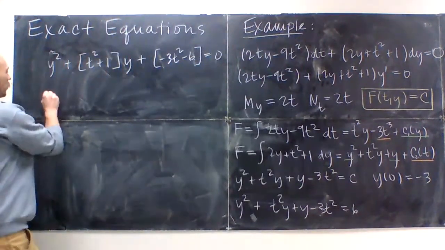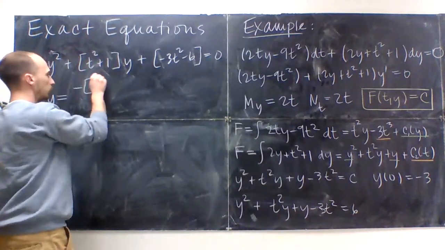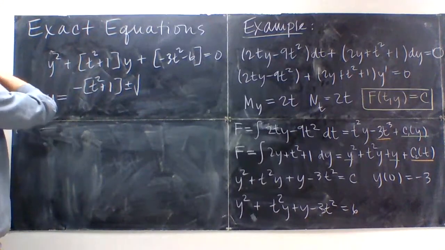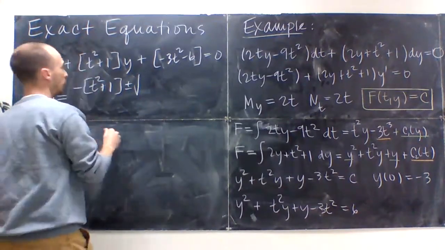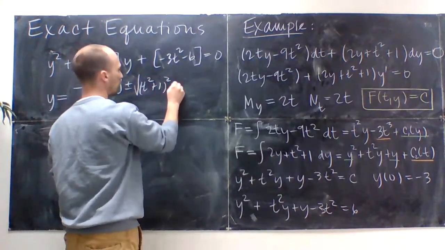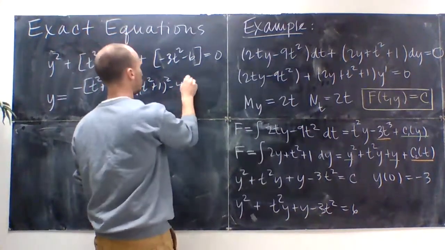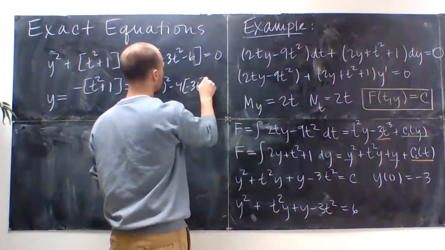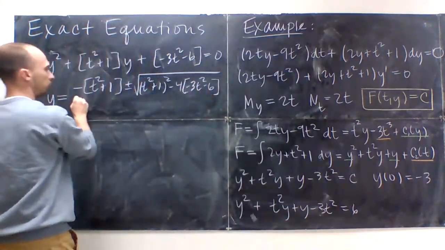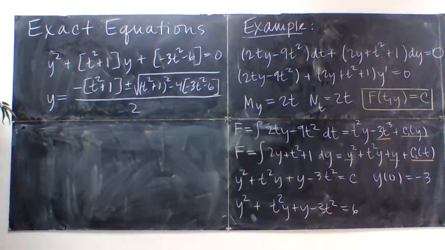So I'm going to say that y equals -(t squared plus 1) plus or minus the square root of b squared, oh my, this could be rough, minus 4 times a, well at least a is 1, right? 4 times a times that, all divided by 2a, but that's just 2 times 1.